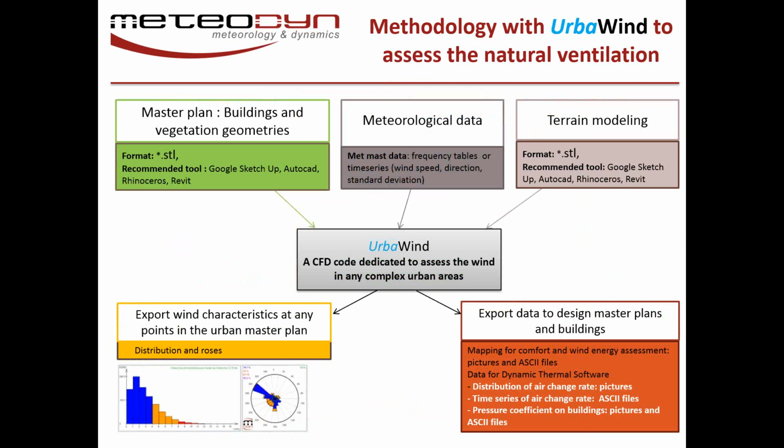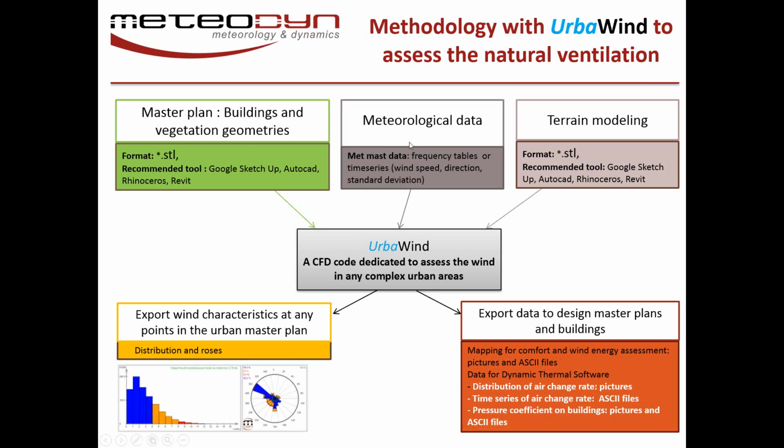For UrbaWind, what you need as input is the building CAD information. All of them are in STL format. They are exported from most software: SketchUp, AutoCAD, Rhinoceros, Revit. The ground and the vegetation are also STL formats.